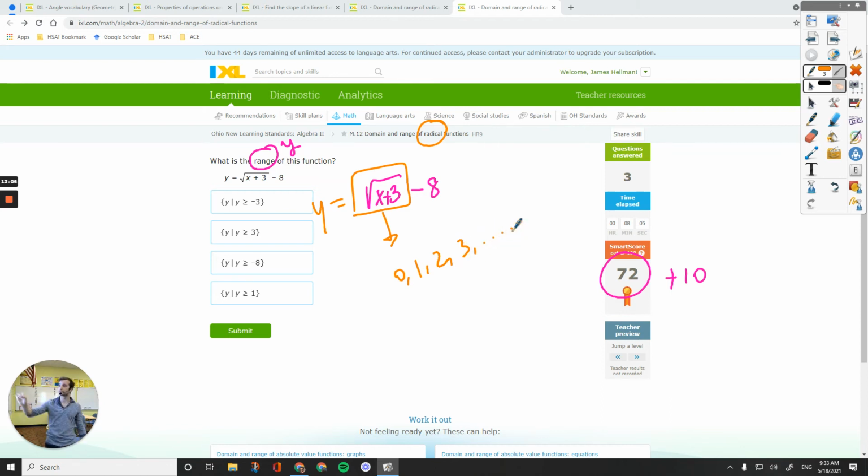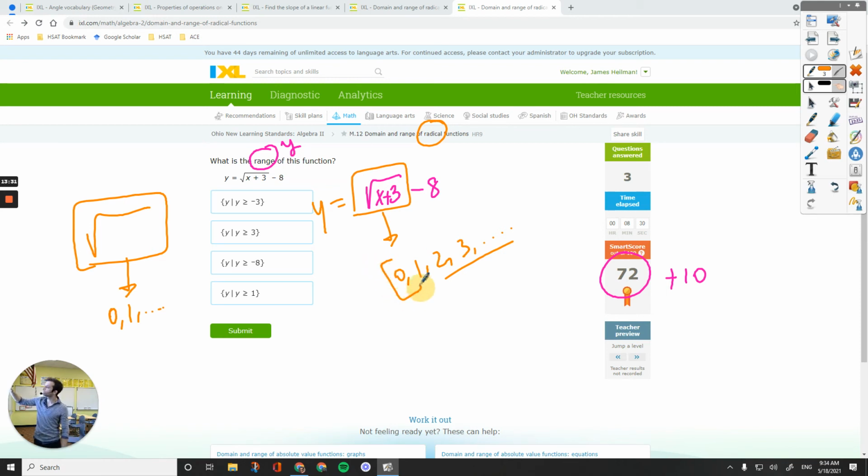Again, if you have a square root expression, just draw a rectangle around it and then know that it cannot be less than 0. It could be 0, 1, and forever. It goes on forever. So I don't care about any of these numbers. I'm concerned about the boundary. That's how I will set up my answer. So the boundary is that 0.